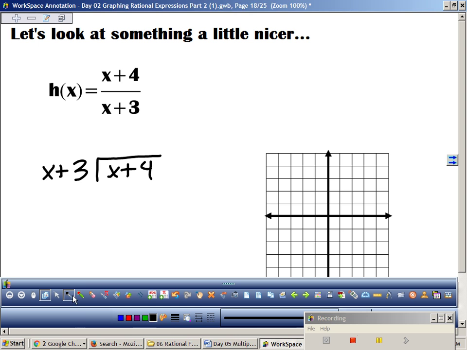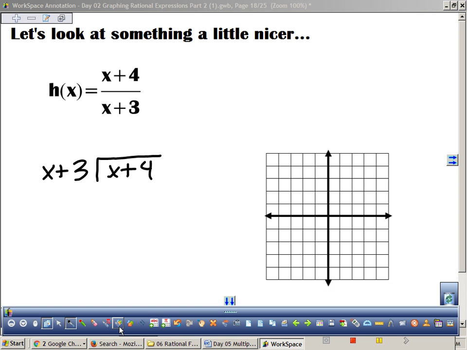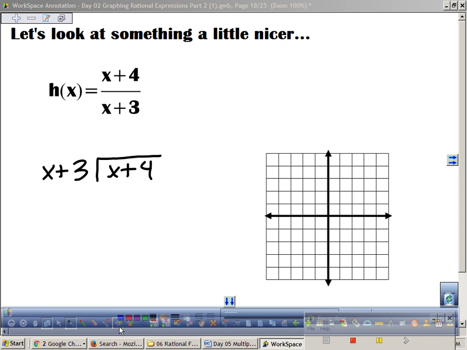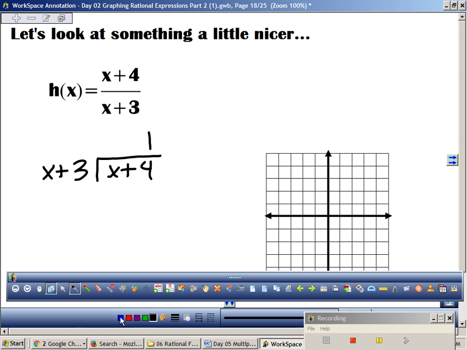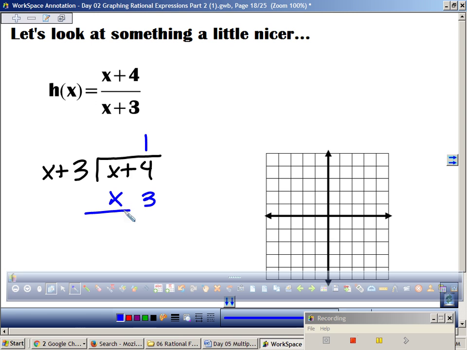Okay, wait. I'm glad you're catching on really, really well. You are. But I want everybody to hear the process first, okay? All right, so x plus 3 goes into x plus 4 only one time. So 1 times 3 is 3, and 1 times x is x.